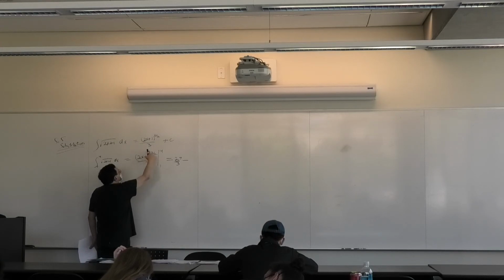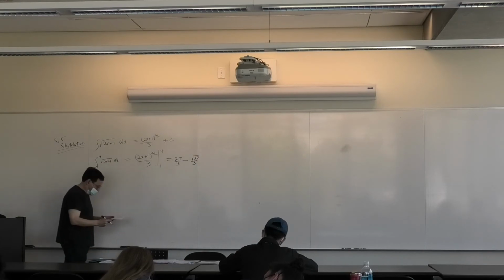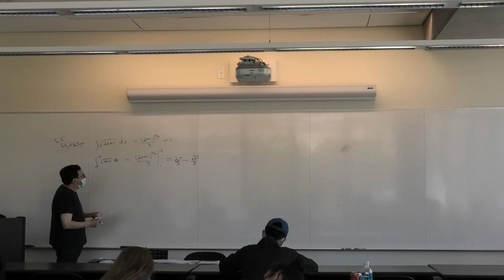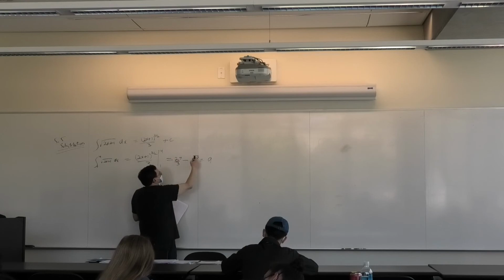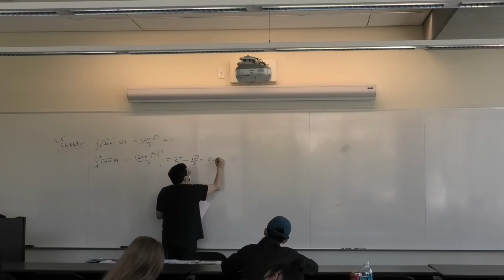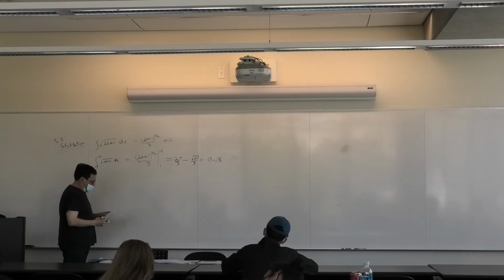Cubed is 27. Square root of 27 over 3. We can simplify. This is 9. And since 27 is 3 times 3 times 3, this is just square root of 3.